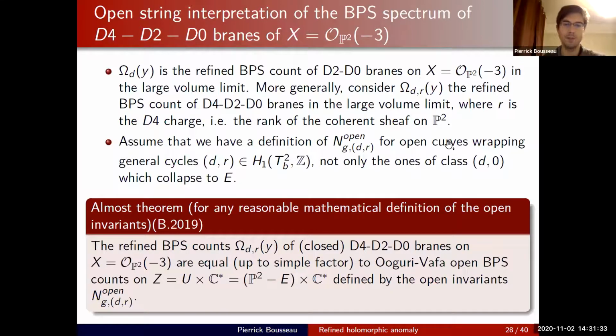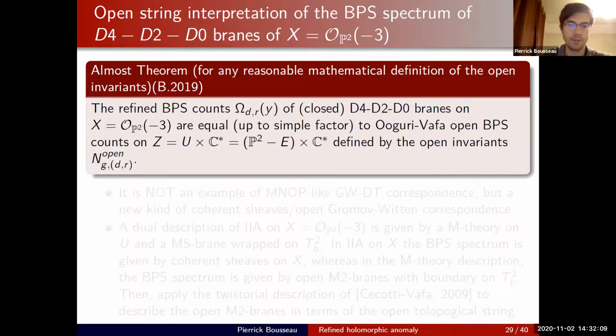And the more refined theorem is that if you use the full open topological string, if you count open curves with boundary on general one-cycles on the T2, then it will match with D4-D2-D0 branes, where the D4 and D2 charges, which are two integers, will map to the two integers which define the cycle, which is the boundary of a curve, in the first homology of the torus.